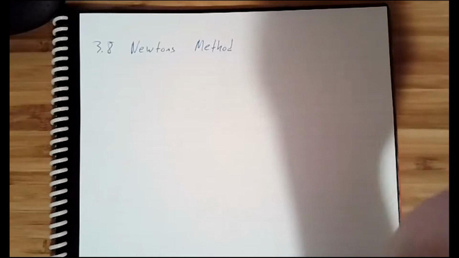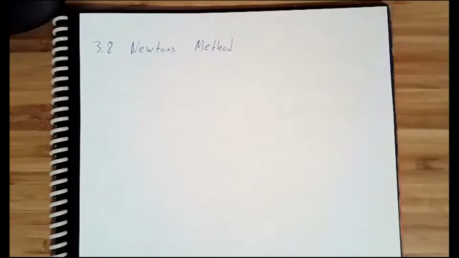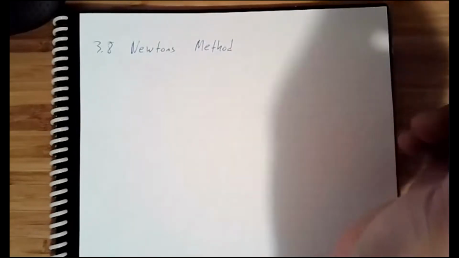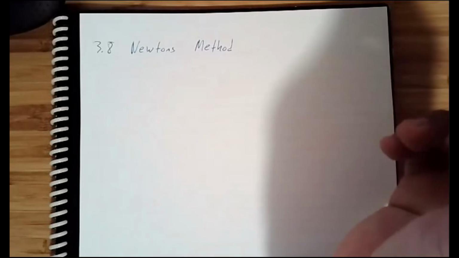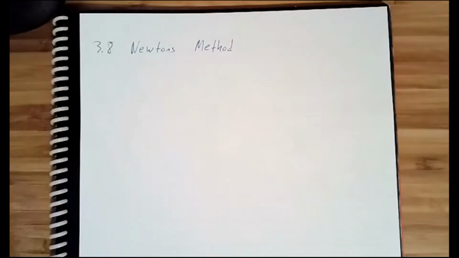Any function that is differentiable, I should say, because the formula requires a derivative. So this is usually something you do in programming because it takes many iterations. Doing that by hand is kind of silly, but here's the idea.